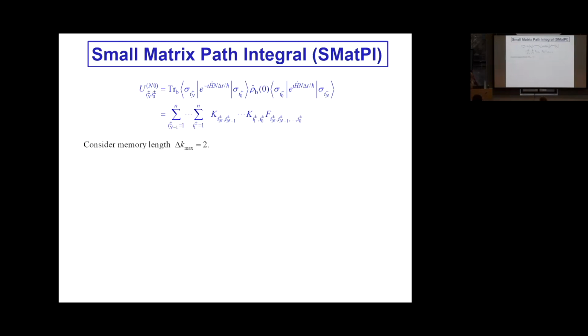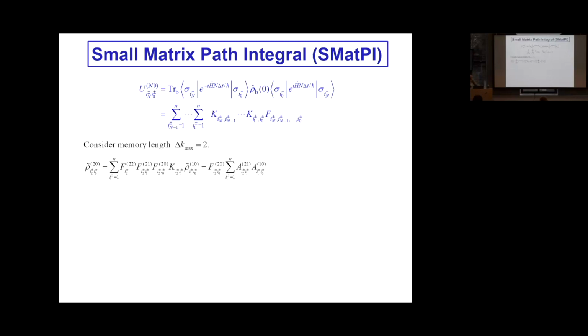And let's say, for example, that I have a memory length equal to 2 units. Then the reduced density matrix is given by this expression. I have 2-2, 2-1, and 2-0 interactions, as well as 1-0 interactions. And sorry, I should be looking here actually. Right, so you can see better.